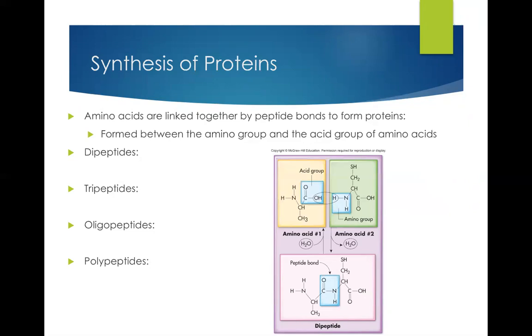Like the naming of other macronutrients we've talked about, it has to do with how many are in these chains. Di means 2, tri 3, oligo 4 to 9, and poly 10 or more. Most polypeptides, however, have 5 to 2,000 amino acids in them, so they're quite a bit bigger than 10 or more.